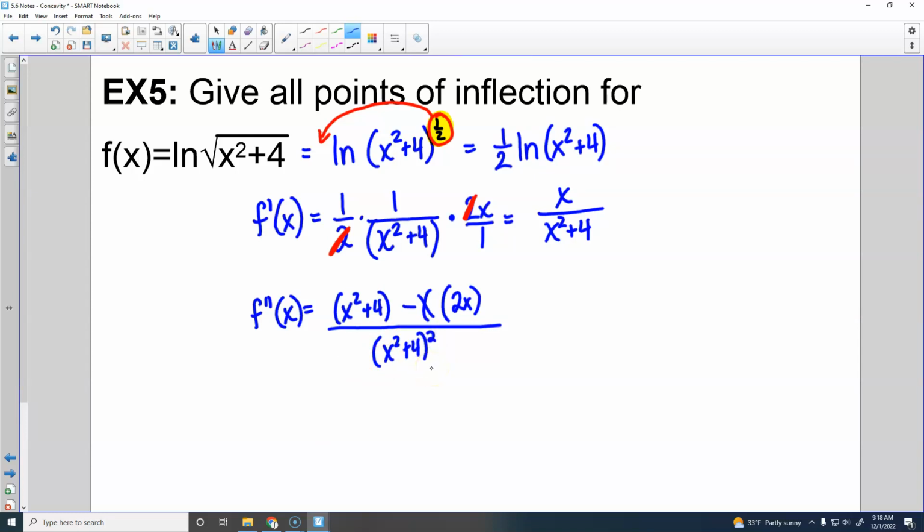Okay, very good. We did low times the derivative of the high, but the derivative of the high was just 1, minus high times the derivative of low, which was 2x, over low squared. So if we simplify that a little bit, we got x squared plus 4 minus 2x squared. And that is going to give me 4 minus x squared over x squared plus 4 squared.